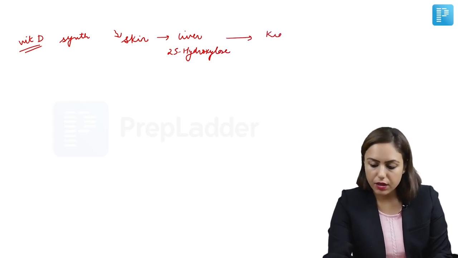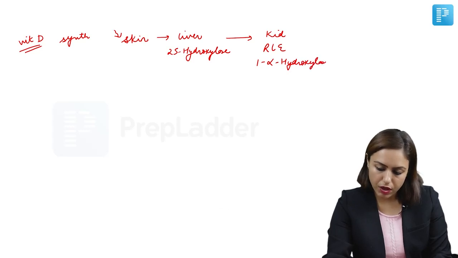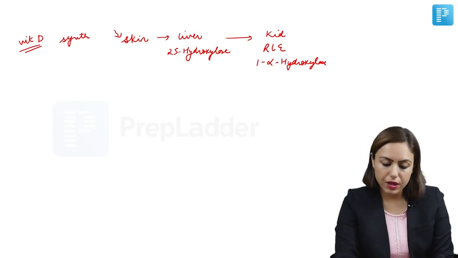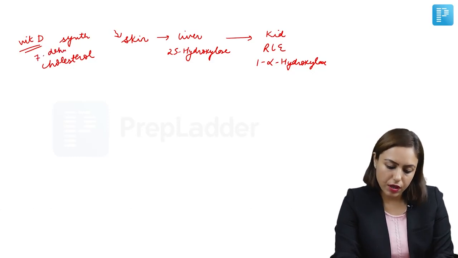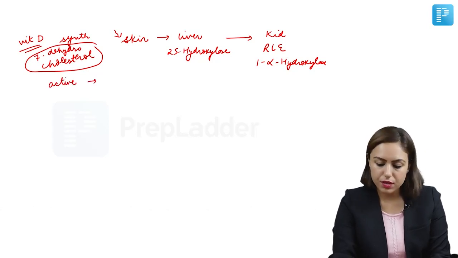And then in the kidneys, the rate limiting step occurs with the enzyme 1-alpha-hydroxylase. Okay? And the synthesis of vitamin D starts from cholesterol. Okay? And to be more precise, it is 7-dehydrocholesterol, right?